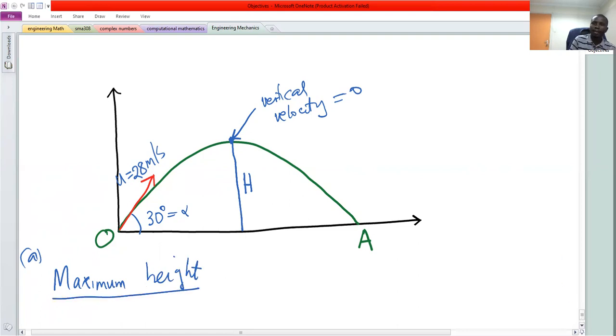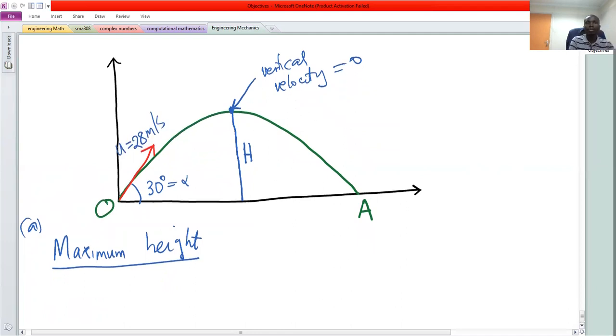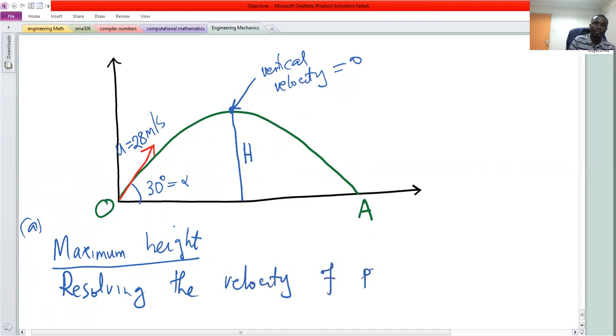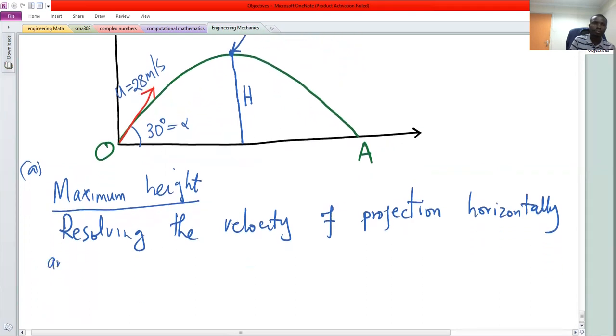So the first thing, we start by resolving the velocity of projection into components, both vertically and horizontally.